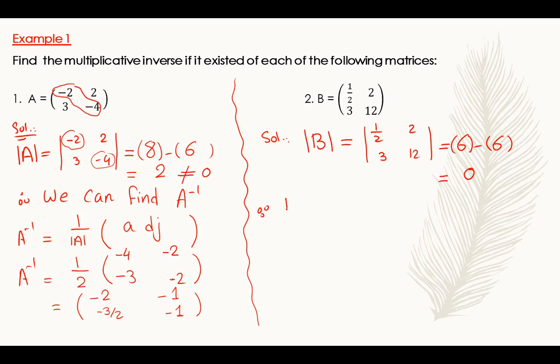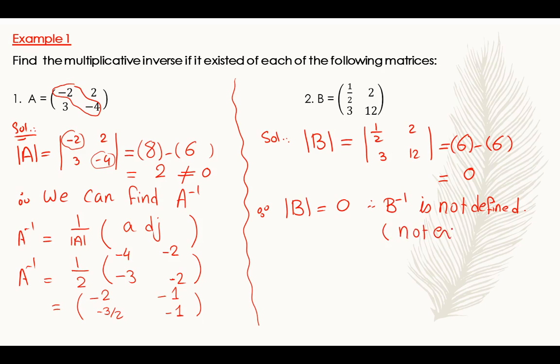Since the determinant of B equals 0, we can't find the multiplicative inverse of the matrix B. So we write B inverse is not defined, or we can say B inverse does not exist.